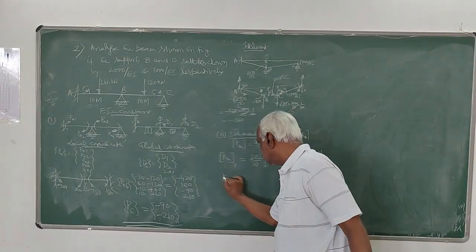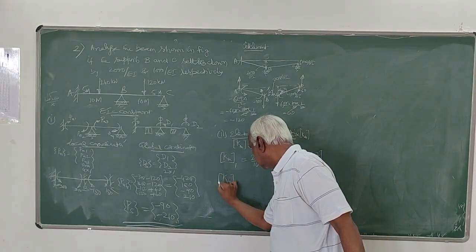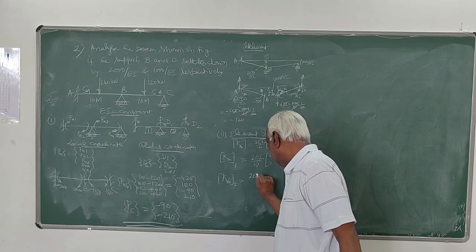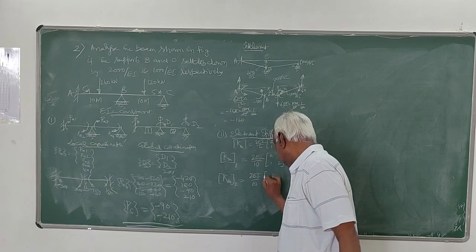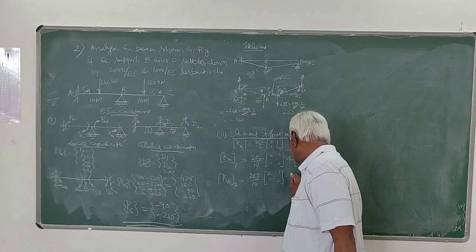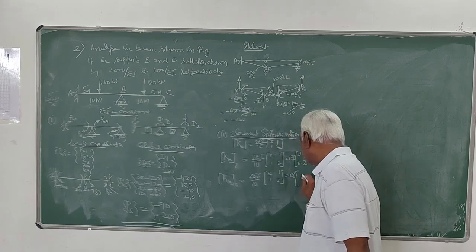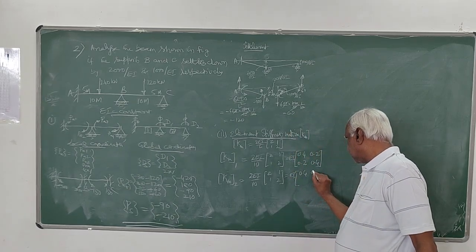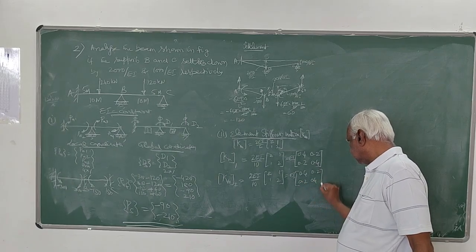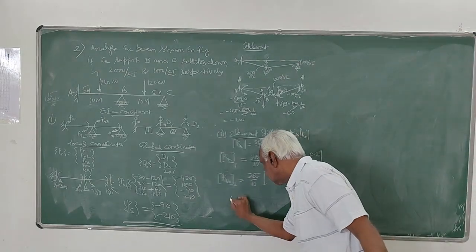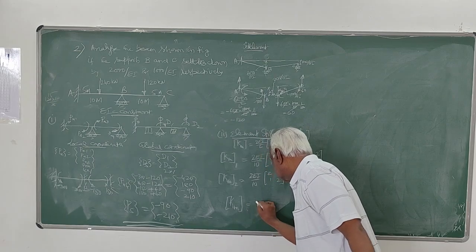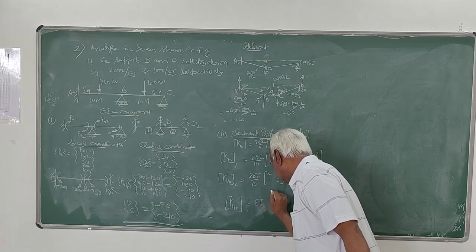So Km2 is equal to, again, 2EI by L, 2, 1, 1, 2, which is EI times 0.4, 0.2, 0.2, and 0.4. So therefore, the element stiffness matrix is equal to EI.